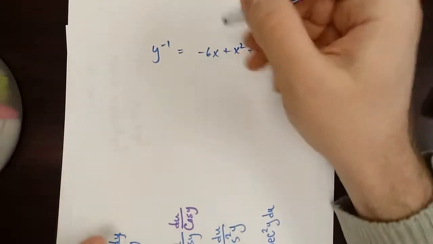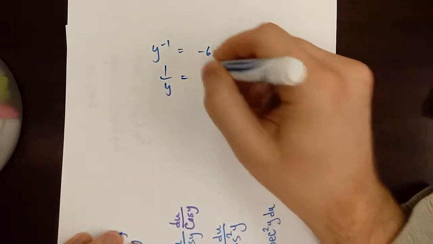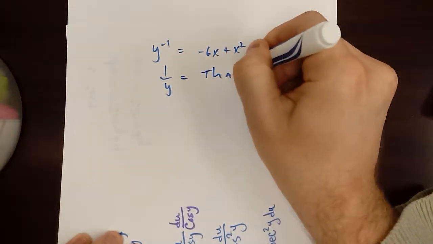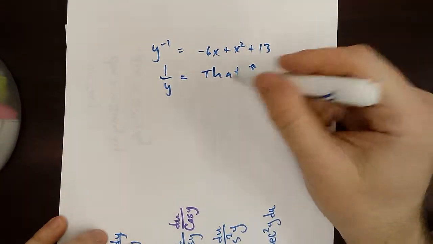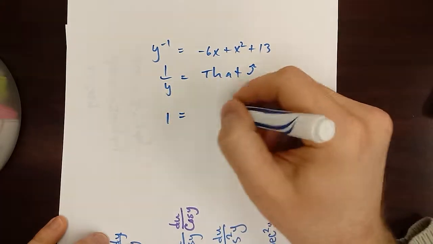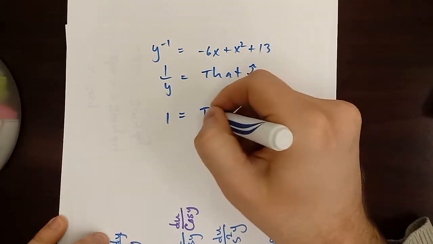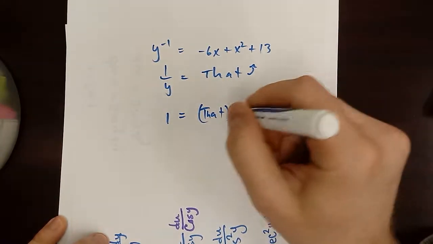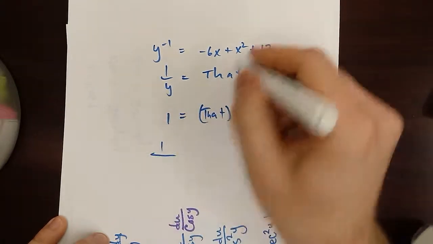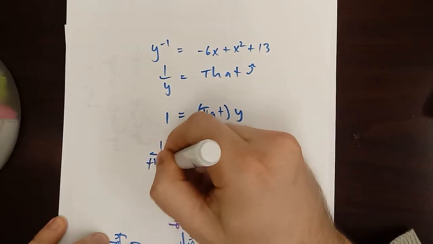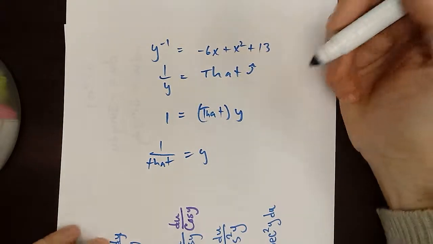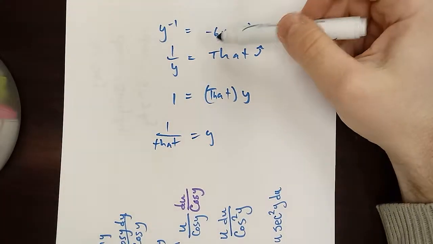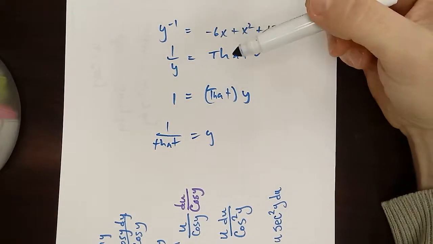Remember that y to the negative 1 is 1 over y. So if I multiply both sides by y, I get that times y, and then to get y by itself, I'll divide both sides by that. So that is a 4-step version of the 1-step version that I did before.